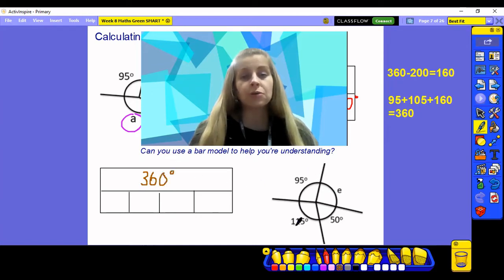We actually know three of them. We've got our 95 degrees here, our obtuse angle, just obtuse because it's just above 90 degrees, our right angle. We've got our 115 degrees angle, which is another obtuse angle, and we've got our 50-degree angle here that are known to us.